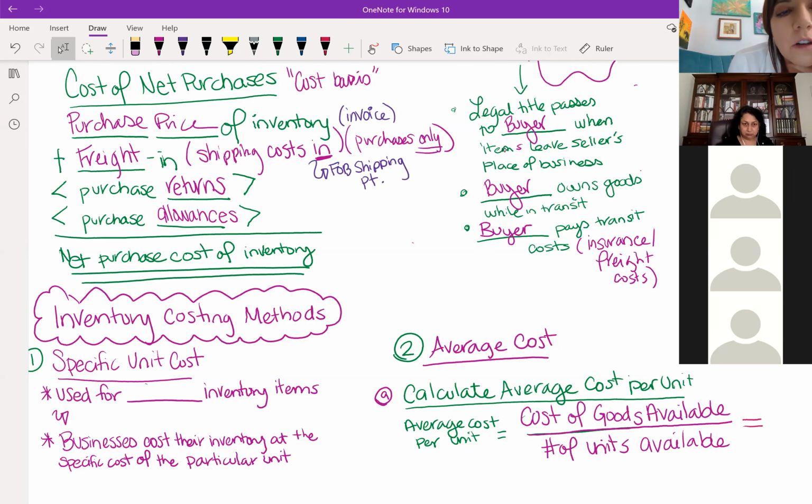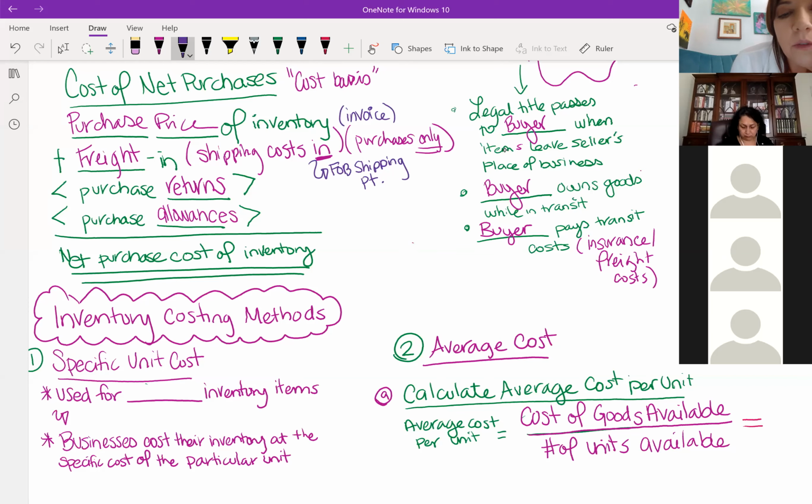If we returned any units of inventory because they were damaged or we didn't want them, that's going to reduce the purchase price or net purchases. So purchase returns are going to reduce the cost basis of our inventory.